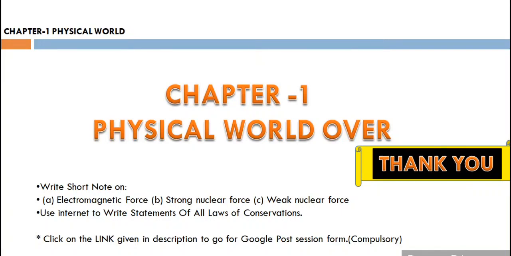Then you go for strong nuclear, then you go for weak nuclear. No need to draw the figure. It is optional. If you want, then you can draw. And don't forget that I have told you to use the internet and write the statements of the laws of conservation. Clear?